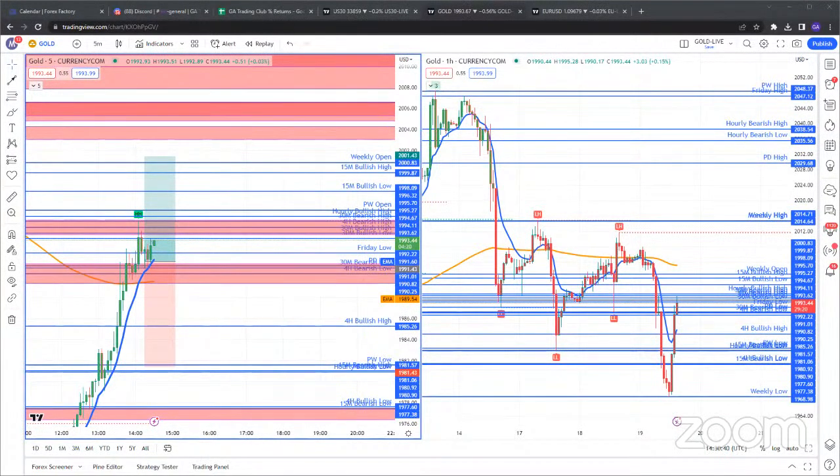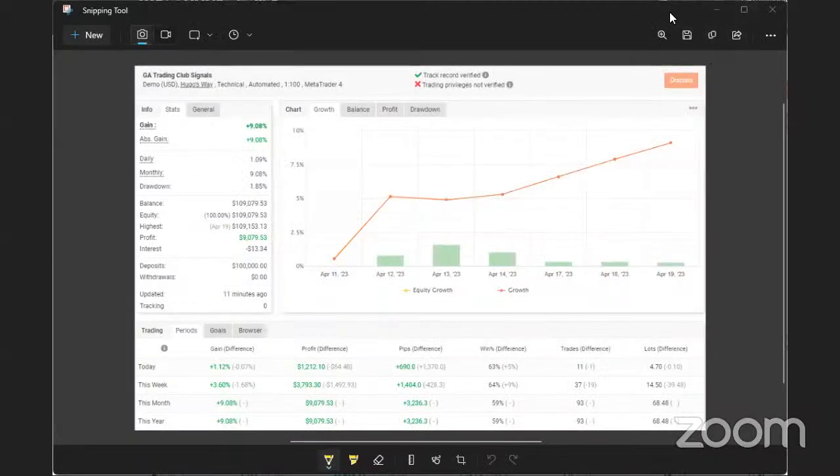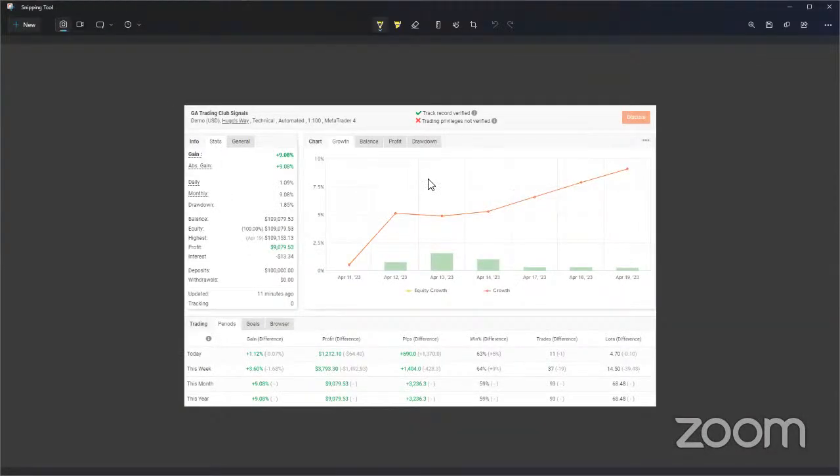Whatever happens to those two positions happens. Let me stop sharing and then share this screen right now. I'll just monitor those positions for you if anybody entered with a higher risk. And then I'll just share the snipping tool. So hopefully you guys can see this demo.